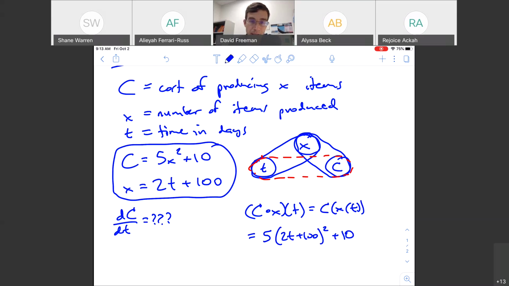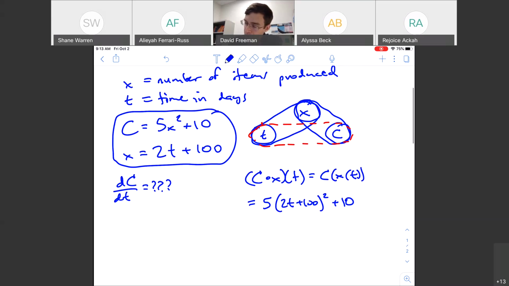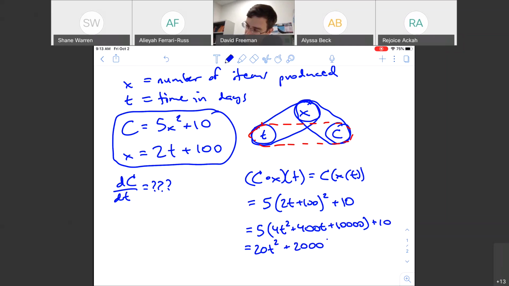Plug X into T, and I plug X into C. And I could just FOIL that out. And I would get 4t squared plus 400t plus that plus 10. So I'd get 20t squared plus 2000t plus 50,010.